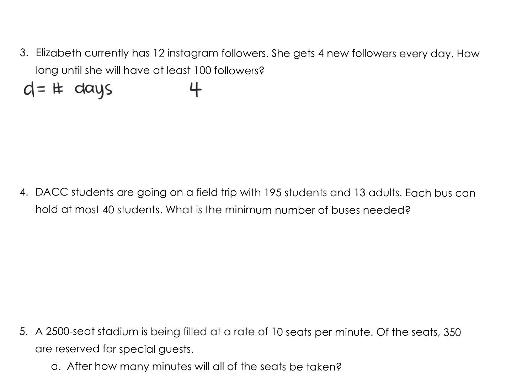So 4 followers per day, so 4D plus 12. And if I want at least, that's going to be greater than or equal to. So we'll subtract 12. So we get 4D has to be greater than or equal to 88. Divide by 4, and D has to be greater than or equal to 22.